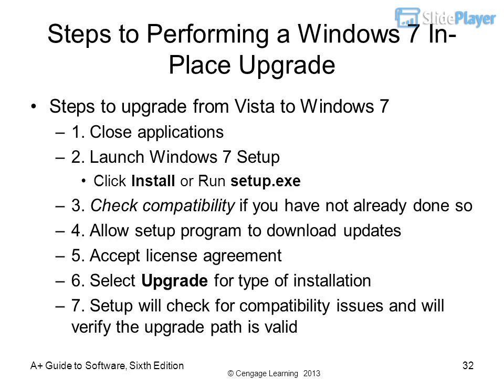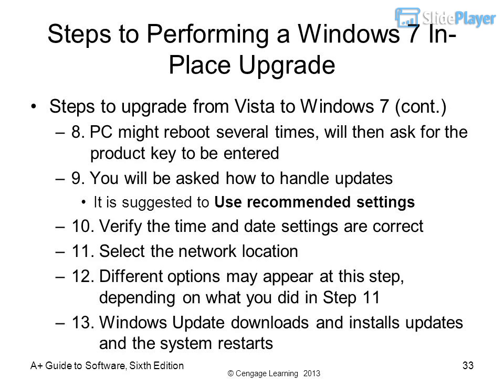Allow the setup program to download updates. 5. Accept the license agreement. 6. Select Upgrade for the type of installation. 7. Setup will check for compatibility issues and will verify the upgrade path is valid. A+ Guide to Software, 6th edition. Steps to performing a Windows 7 in-place upgrade.